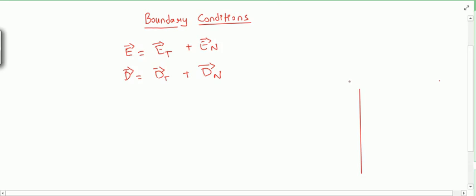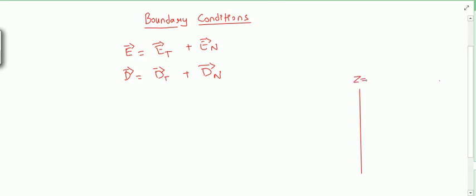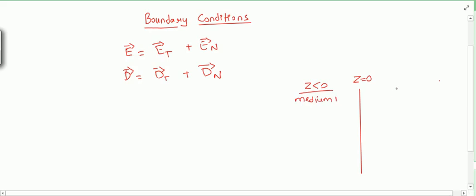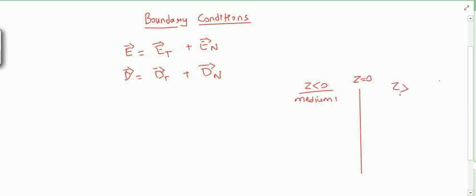Suppose I am taking the z equals 0 line, or we can take this as the xy surface, which is the boundary. So z less than 0 will be, suppose, medium 1, and z greater than 0 will be medium 2.